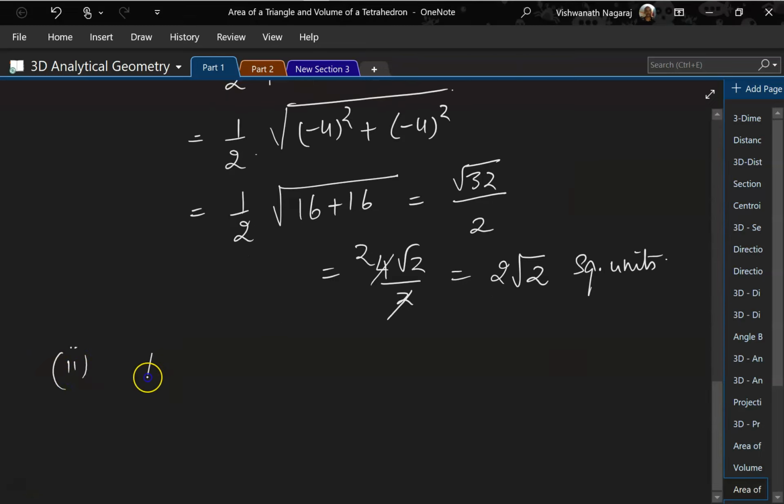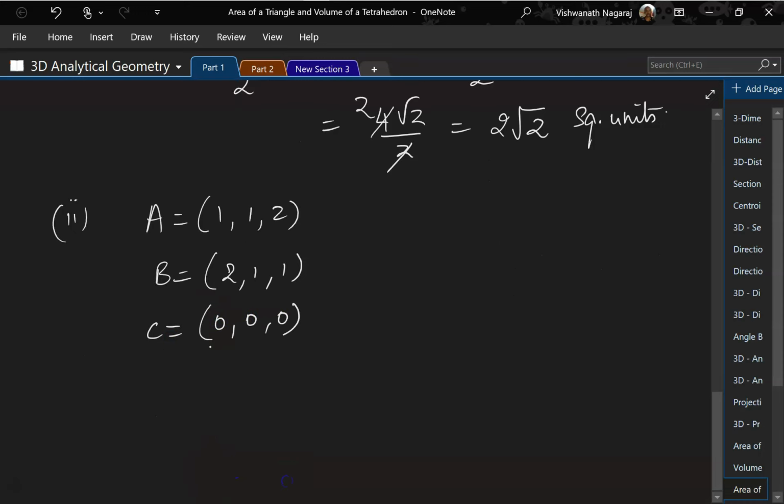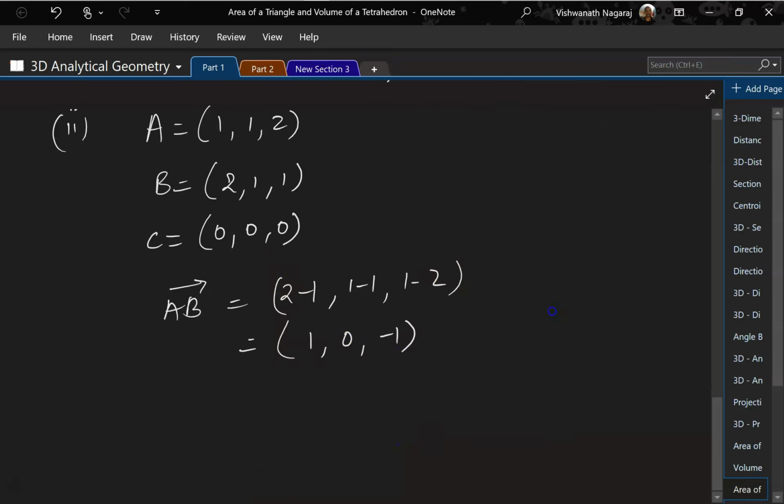Okay, let's do another one. Now here A is (1, 1, 2), B is (2, 1, 1), C is equal to (0, 0, 0). Now we can do much faster, right? So AB, take any two sides. AB is equal to 2 minus 1, 1 minus 1, 1 minus 2, which gives us (1, 0, -1).